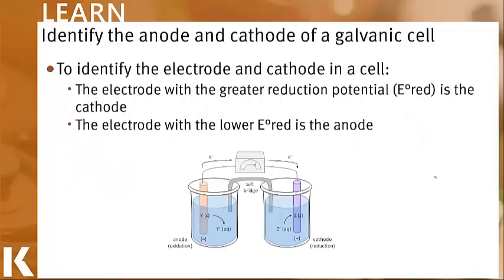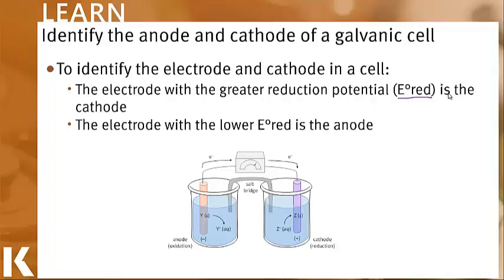To identify which electrode is the cathode, there are a couple of things that we need to do. First thing is we will be given a set of reduction potentials. Usually this comes in the form of a chart. And I know it's a reduction potential because it'll have the form E0 red, short for reduction, or it'll just say reduction potential.